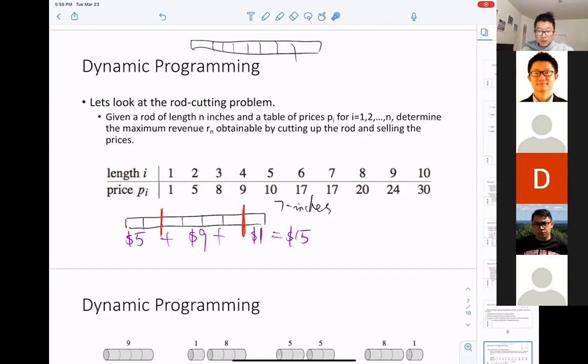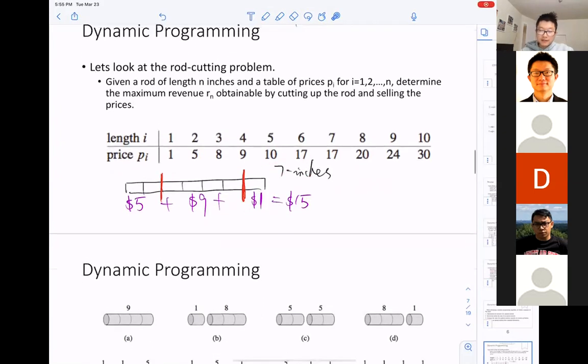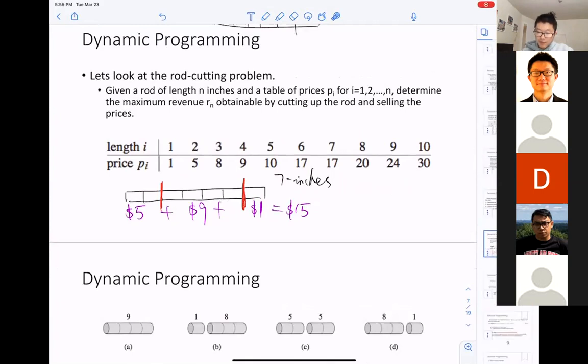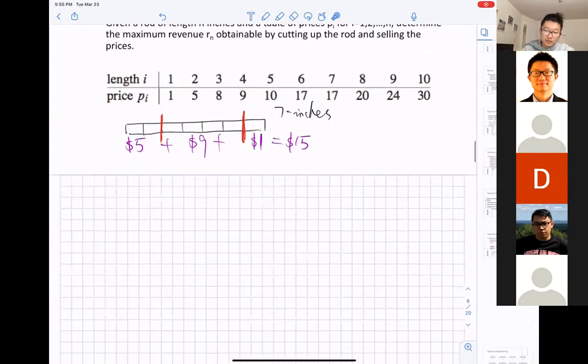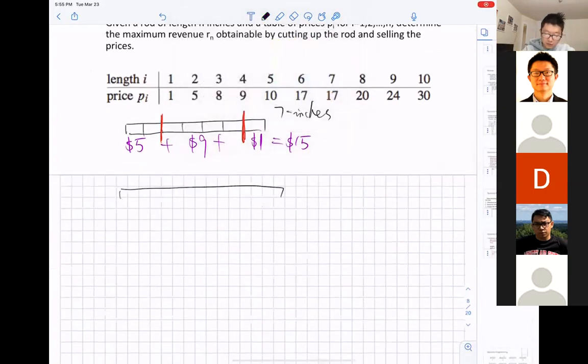Okay, so this is the given problem, and some of you may say, this problem is not too difficult, right? Say that if we're given a rod of this length, n inches, let's try different ways. Let's enumerate all the possible ways to cut it.